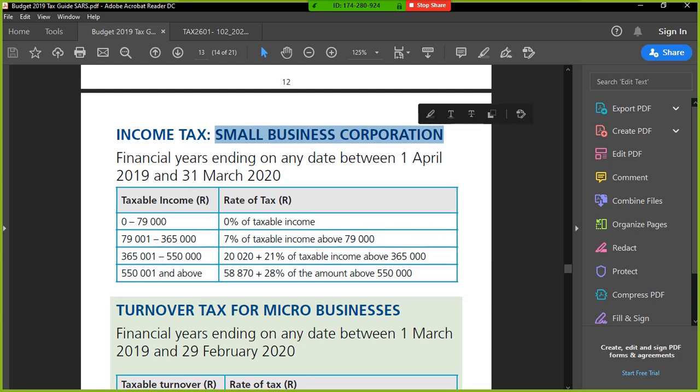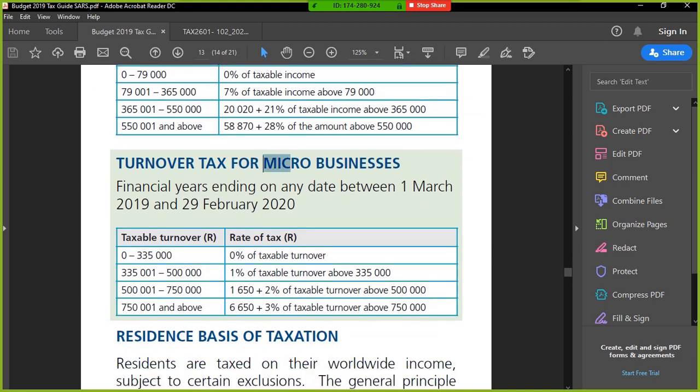If you don't, you might still qualify as a micro business depending on your structure, your company or your business. So here, if you're meeting the requirements, then you're even going to have a better scenario because now it's 0% on the first 335,000.